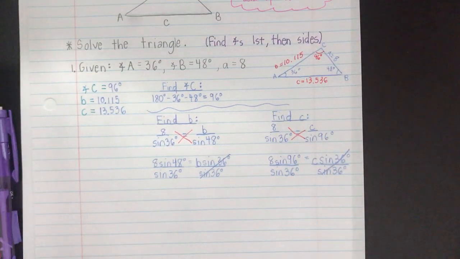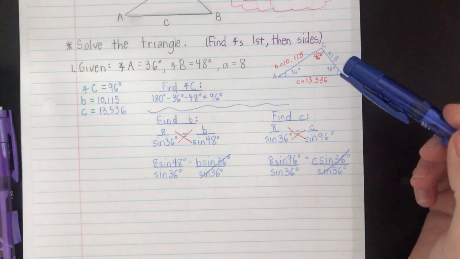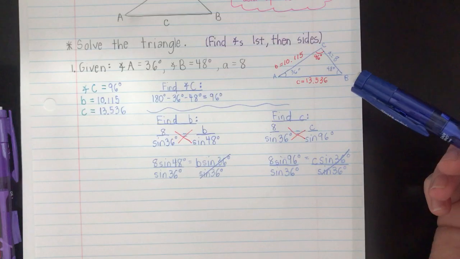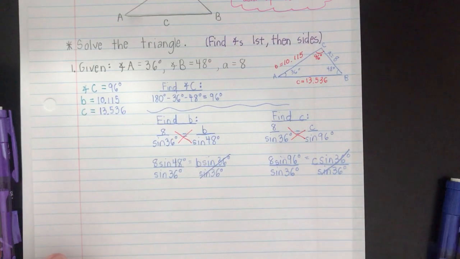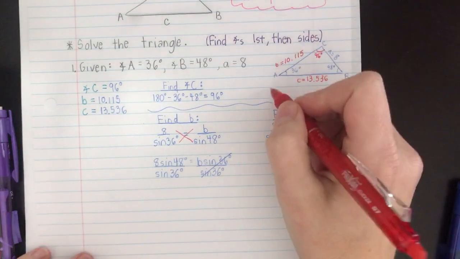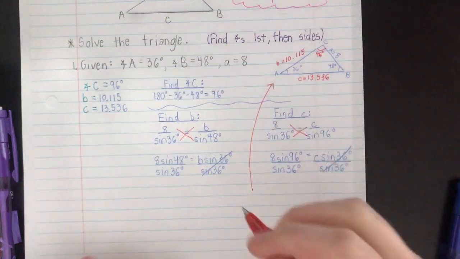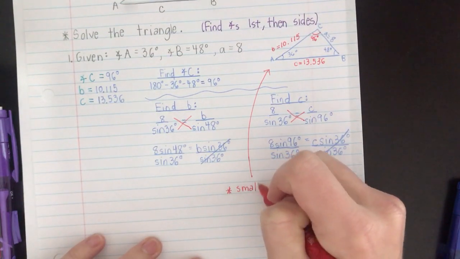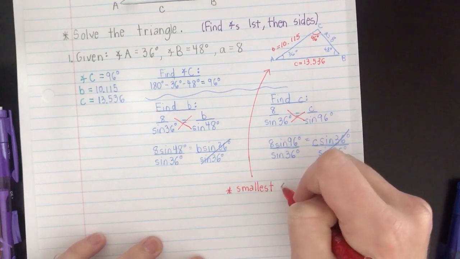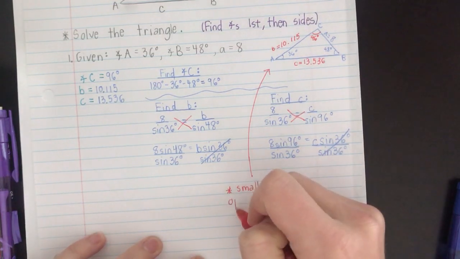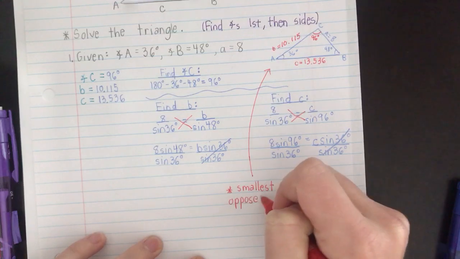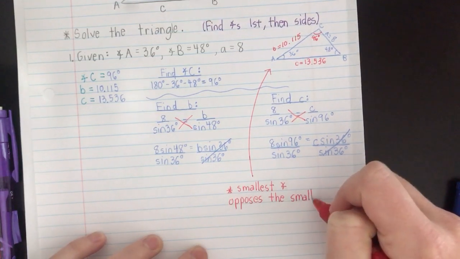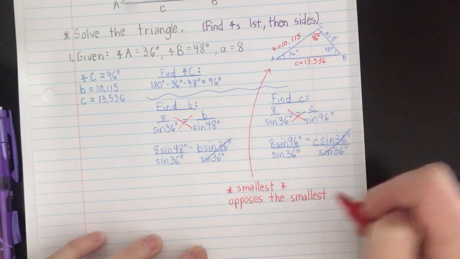So something I want you to remember, it might not always be to scale in your drawing, but I do want you to remember that the smallest angle opposes the smallest side.